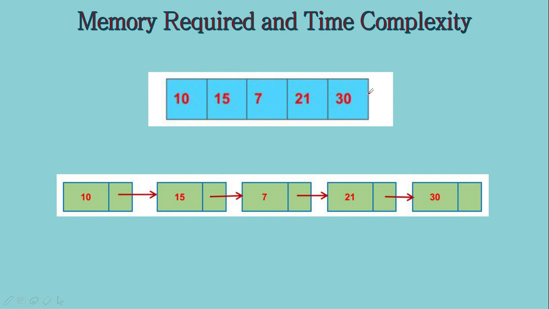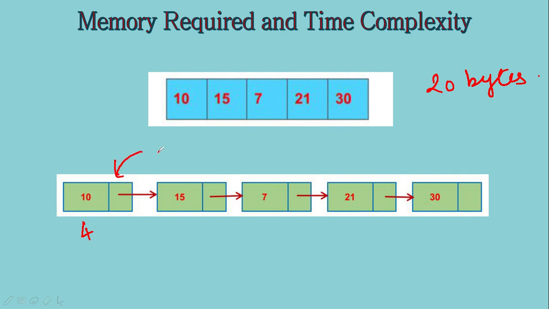For example, if I am going to have 5 elements in an array, my machine will allocate 4 bytes for integers. So totally 20 bytes will be allocated to store all these elements. Fine. What about the linked list implementation? You have to store the element, here is 4 bytes, and then you have to store the address of the next node.